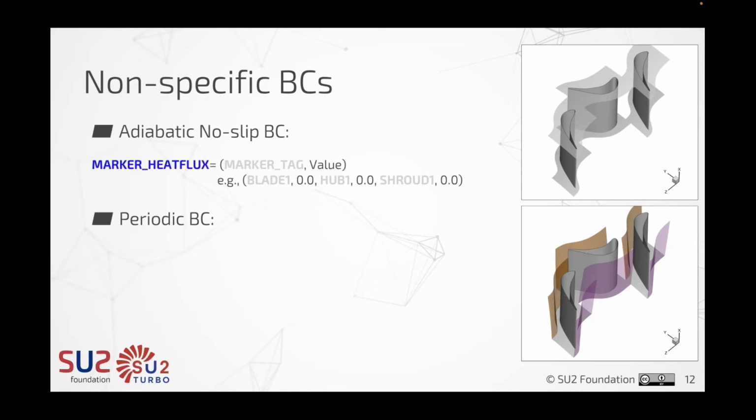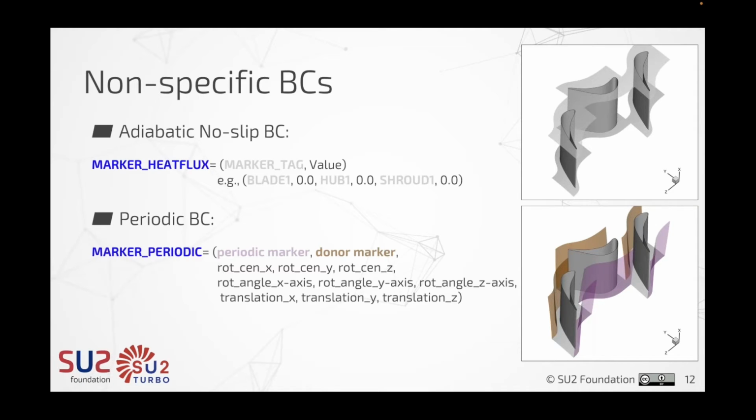But when we do so, we need to make sure that whatever happens on a side of the domain on this purple surface is consistent with what happens at the other side. And this is enforced by periodic boundary conditions, which, for instance, guarantee that if there's a mass flux going out of this surface, there is going to be a mass flux getting in the other side.